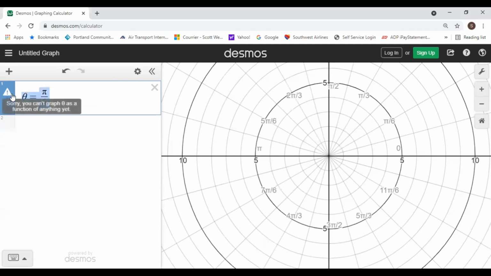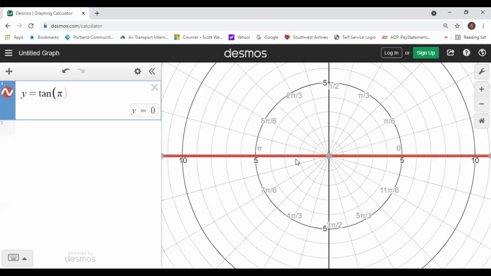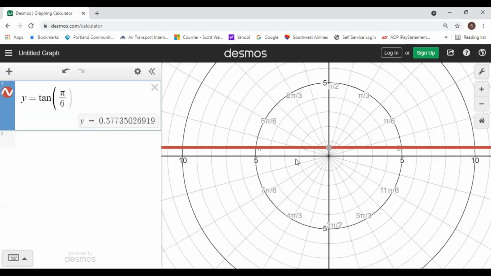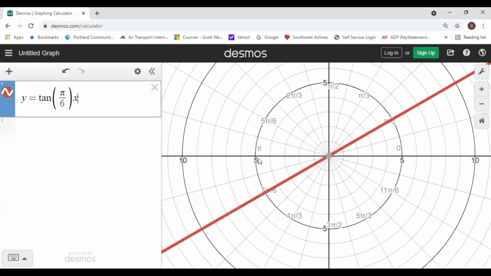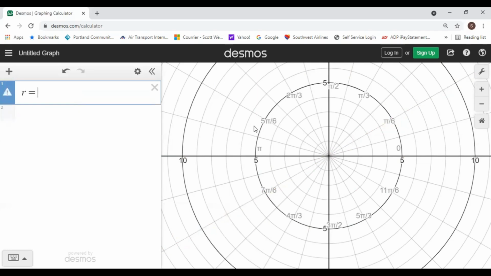If you want to do that kind of a line, you have to do it in the form y equals, and then here, it would have to be whatever the actual slope turned out to be, which would be the tangent of pi over 6 times x. So then that produces that line. So you can't do those straight lines through the origin in polar coordinates on Desmos. It always has to be r equals whatever.